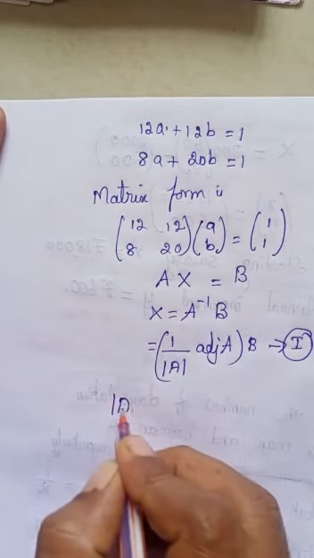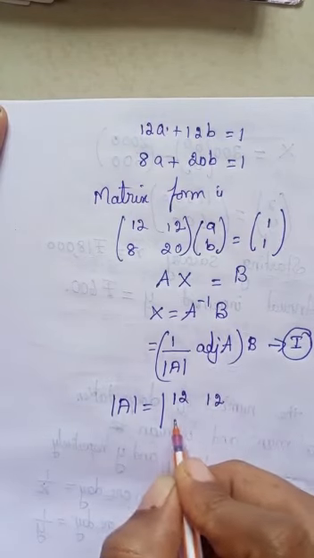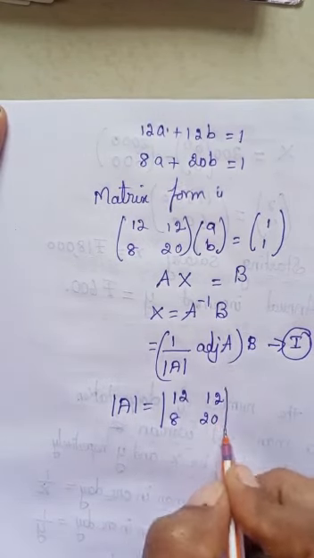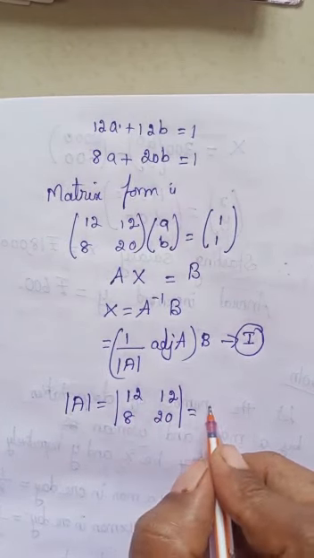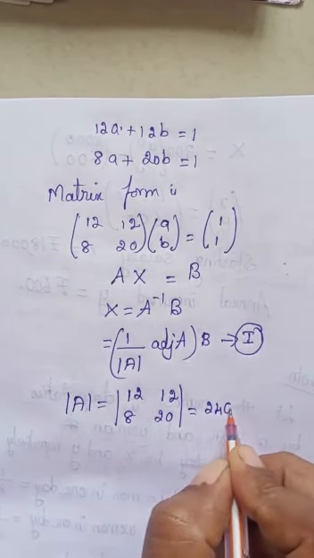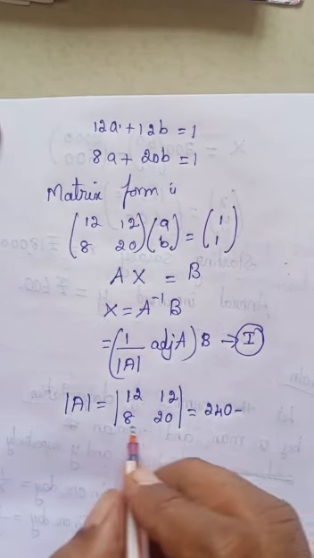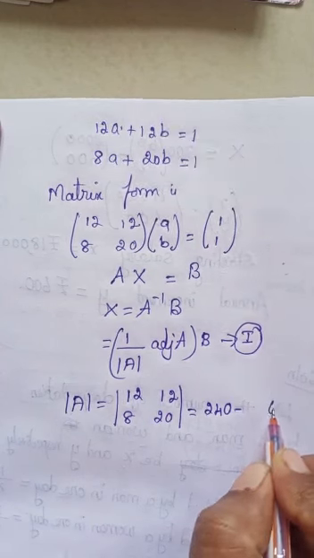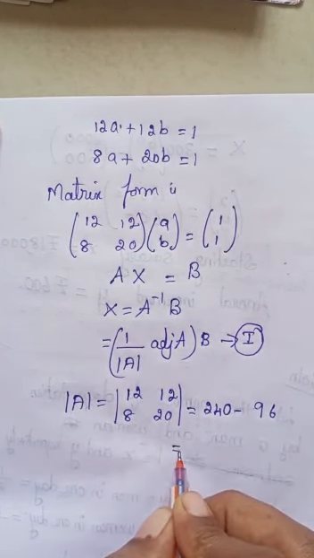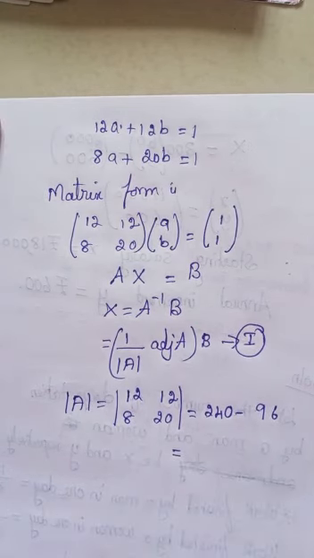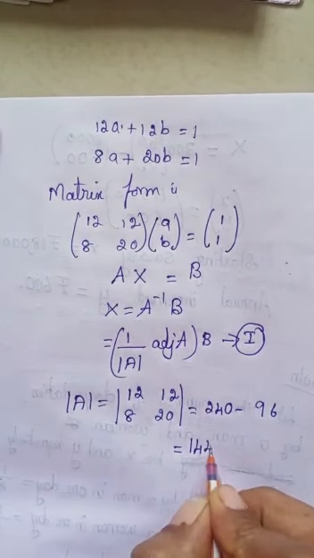So determinant A, that is determinant 12, 12, 8, 20 is equal to 12 into 20, that's 240 minus 8 into 12, that's 96, which is equal to, so 240 minus 96, we will be getting 144.